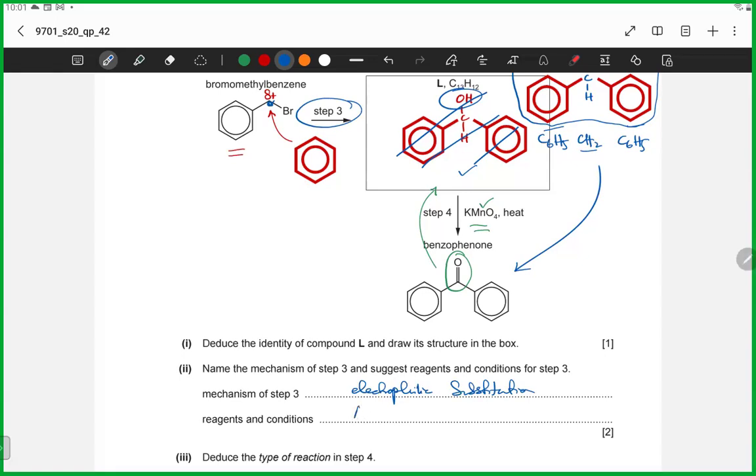Sorry, you would need AlBr3 because you've got bromine. Bromine is over there, so it's going to be AlBr3. And the other part is conditions. AlBr3 would be the catalyst. You can add heat. And the other reagent that you would need is another benzene.